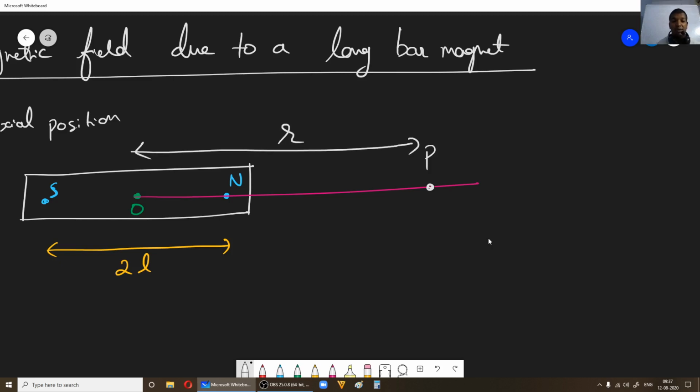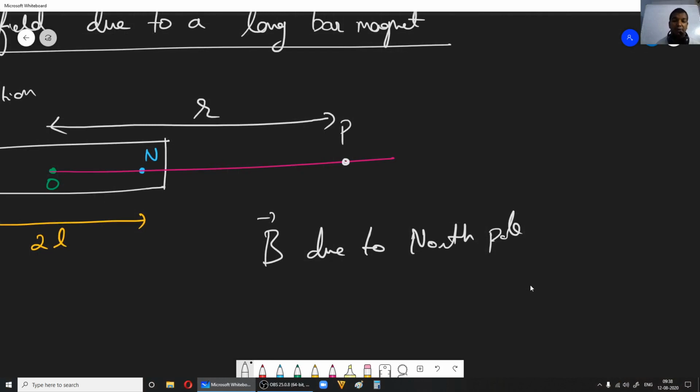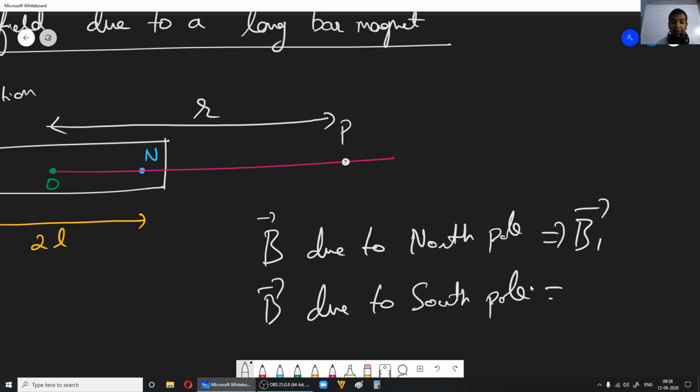Now let us consider the magnetic field due to the north pole of the magnet. You know that we can associate a positive magnetic charge with the north pole. So that is B1. Now the magnetic field due to the south pole of the bar magnet, let us take it as B2.